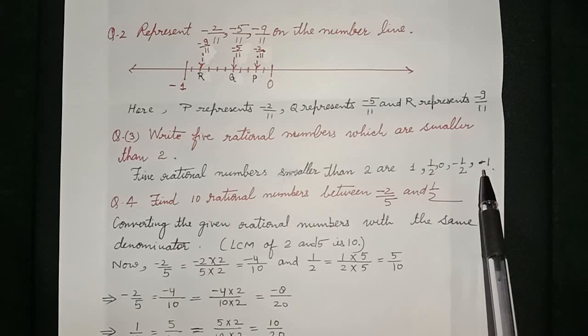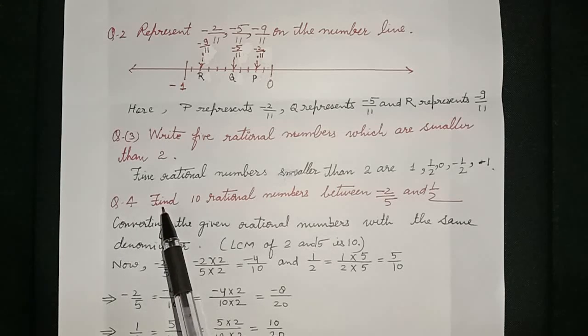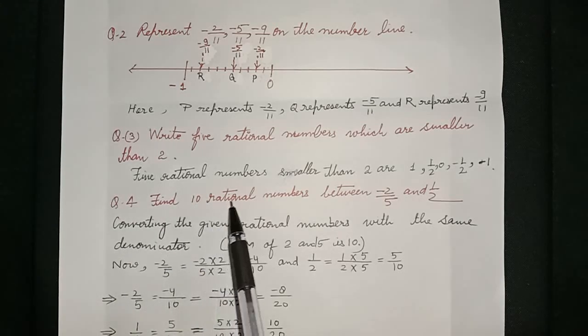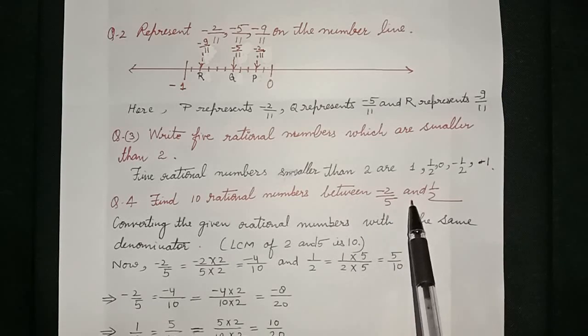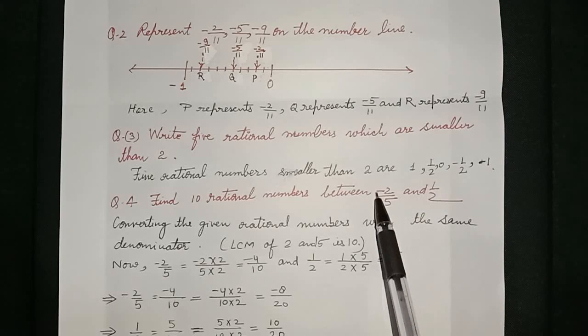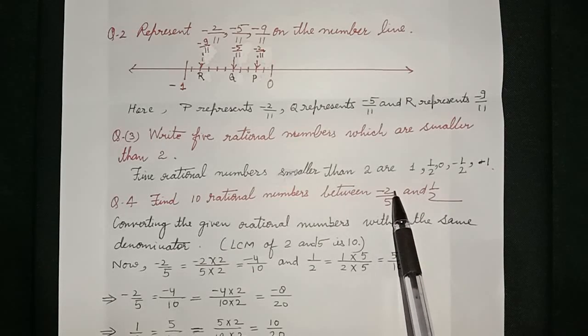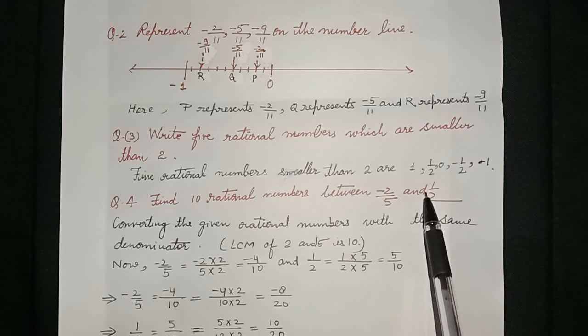Now, I'll tell how to solve question number 4. Question 4 is: find 10 rational numbers between minus 2 upon 5 and 1 upon 2. Here one is a negative rational number and the next given rational number is positive.